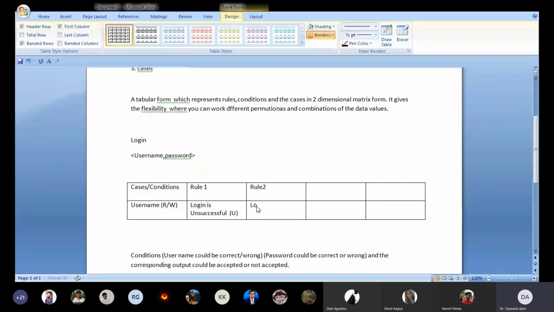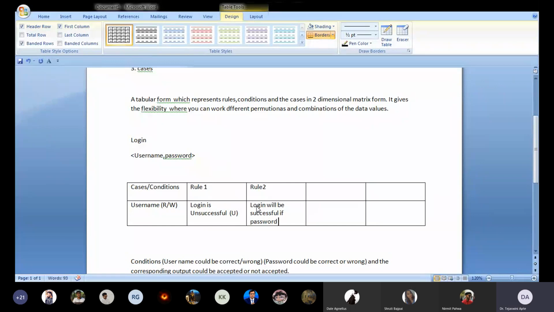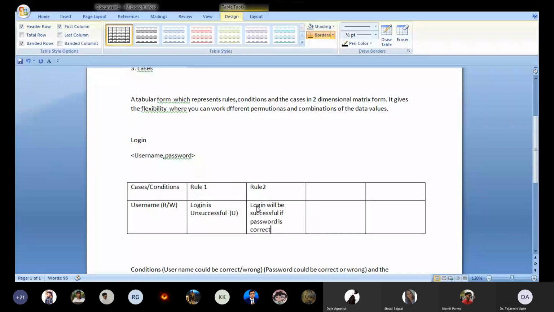Login is going to be successful if the password is correct. So let's define the unsuccessful as well as the successful.